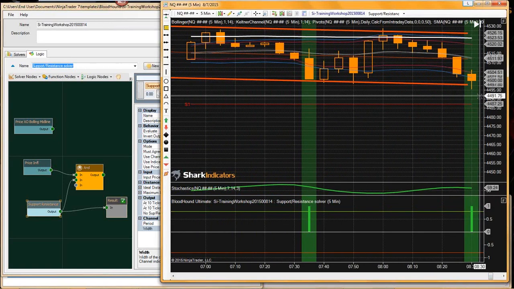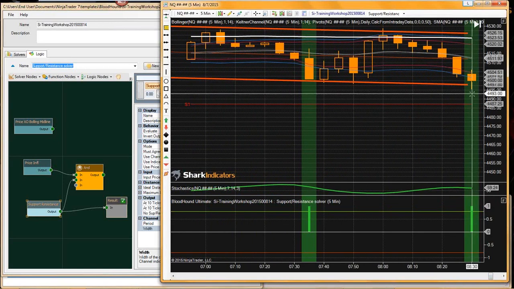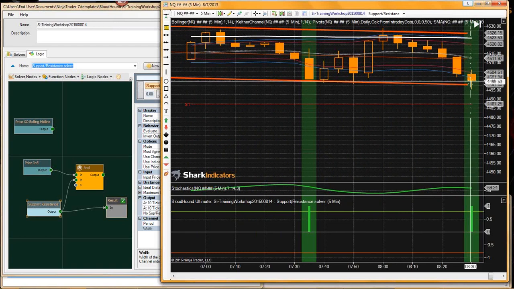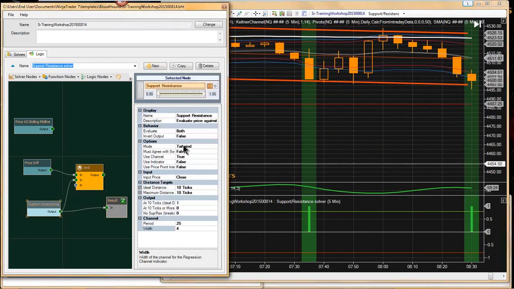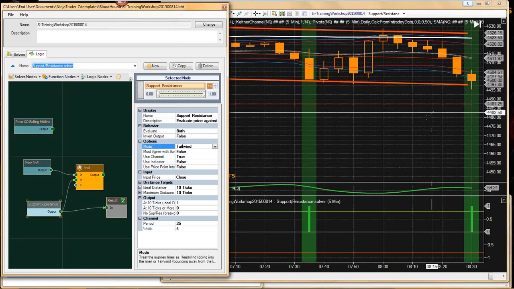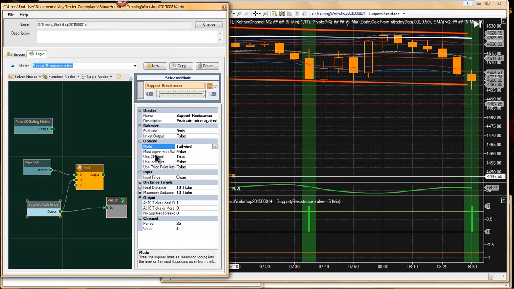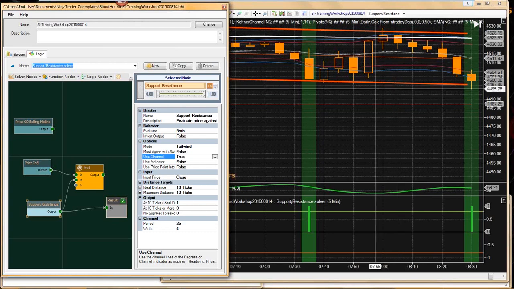We can see that price is really close to our lower channel line at this point. And we have the solver set up for tailwind. So when you have use channel set to true, you're using the regression channel lines, the lower channel line and the upper channel line.